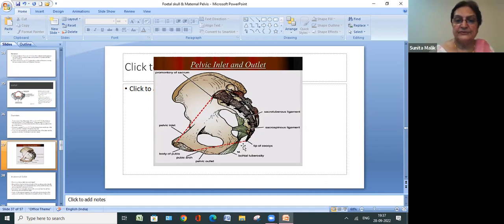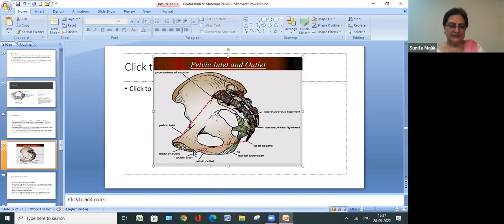So this is the tip of the coccyx, ischial tuberosity, and inferior border of the symphysis pubis and the pubic arch. So this area is the anatomical outlet.